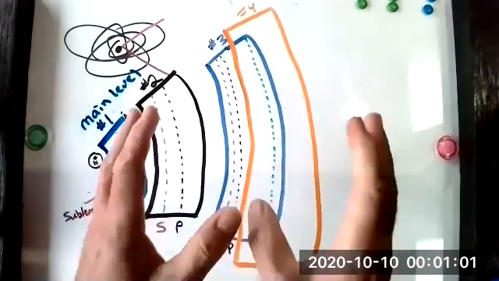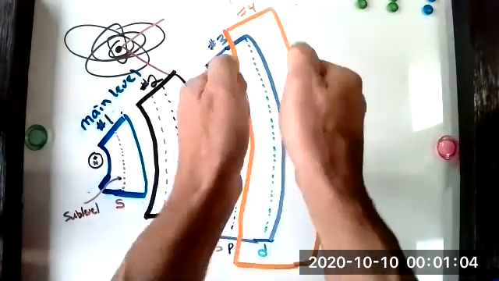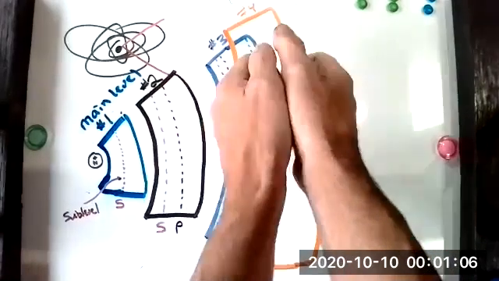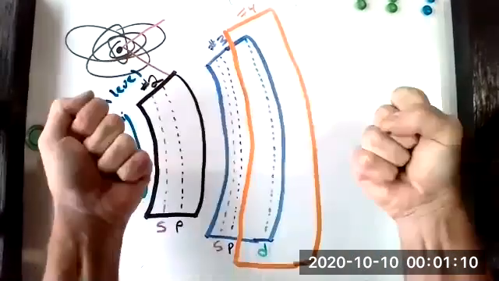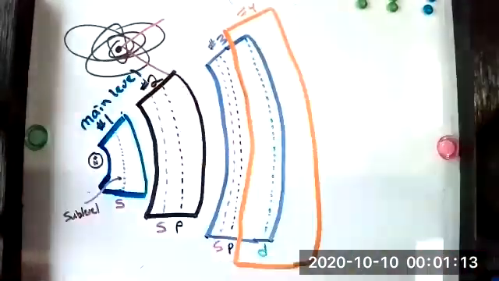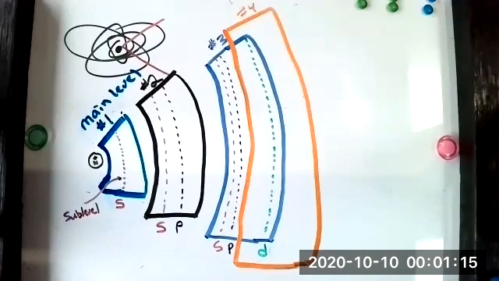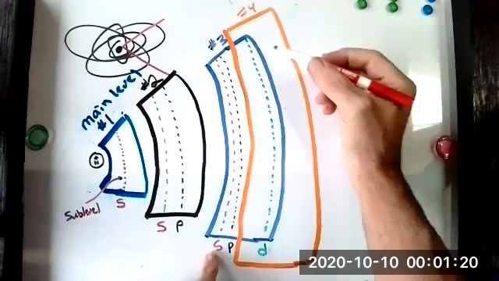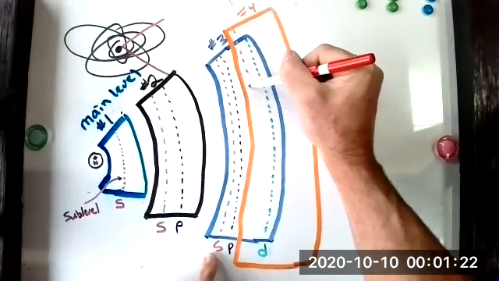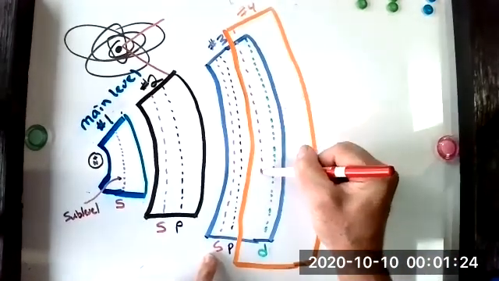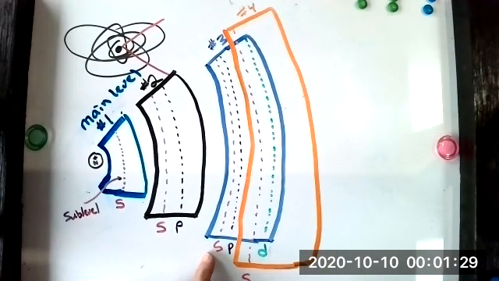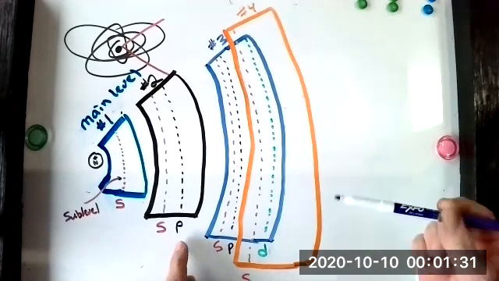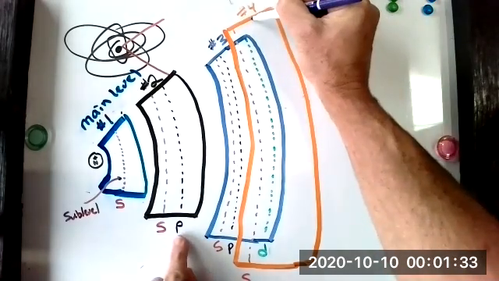Okay, my friends, if you could physically grab main level 4, which you can't, but if you could, and open it up and look inside and see what's in there, yes, you're right. You would see that little tiny sublevel S for the fourth time. Yeah, you're right. You would see that P.